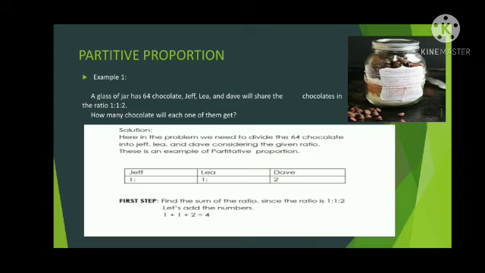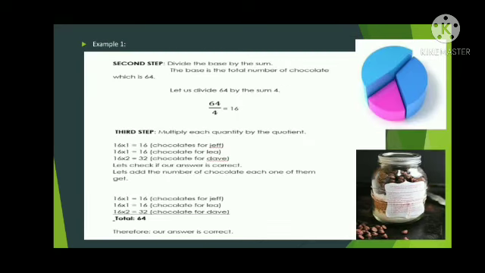So our first step is to find the sum of the ratio. Since the ratio is 1:1:2, let's add the numbers. So simply add lang natin yung mga number na yon in our given ratio. So we have 1 plus 1 plus 2. That is 4. So second step natin, divide the base by the sum. The base is the total number of chocolates.